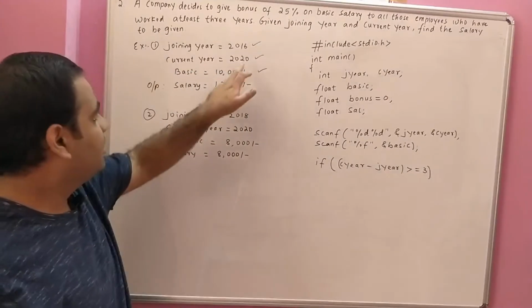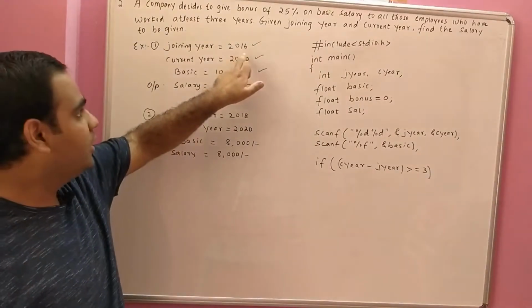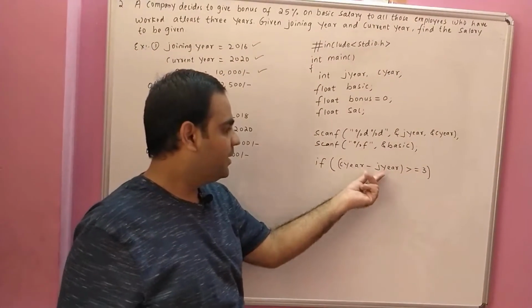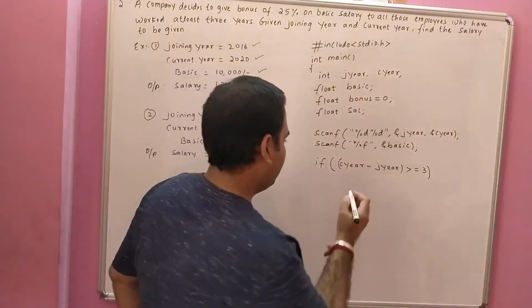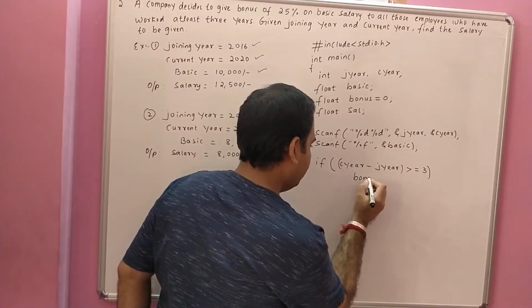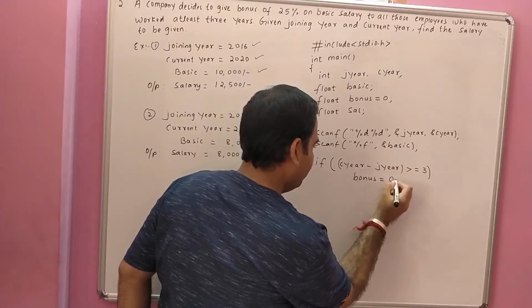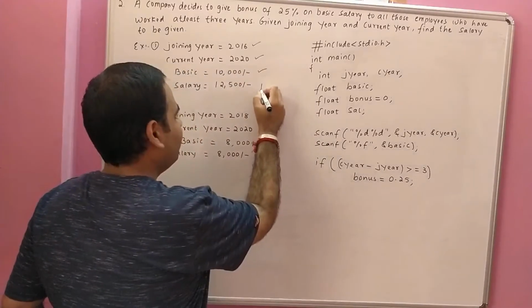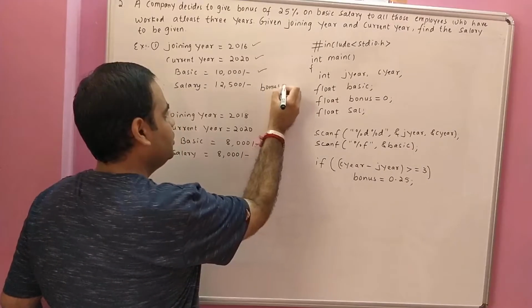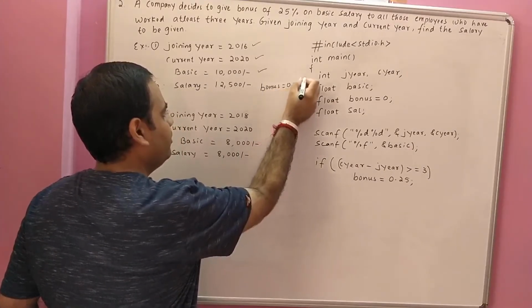Now current year is 2020, joining year is 2016, it becomes 4, greater than or equal to 3 is yes. At that point of time, bonus would become 25%. And how do we write 25%? 0.25. The previous value of bonus was 0, now it became 0.25.